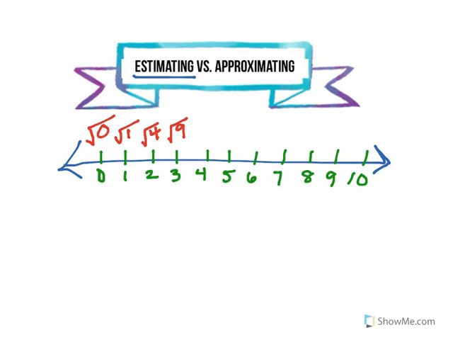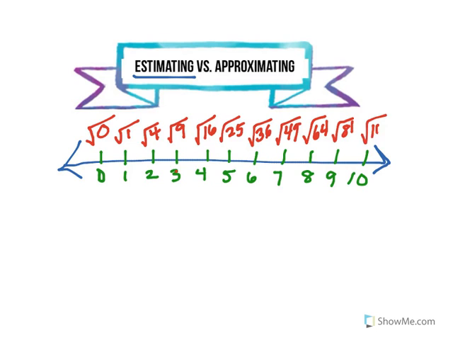The square root of 9 is 3. The square root of 16 is 4. The square root of 25 is 5. The square root of 36 is 6. The square root of 49 is 7. The square root of 64 is 8. The square root of 81 is 9. And the square root of 100 is 10.